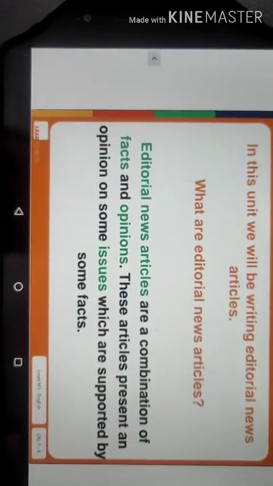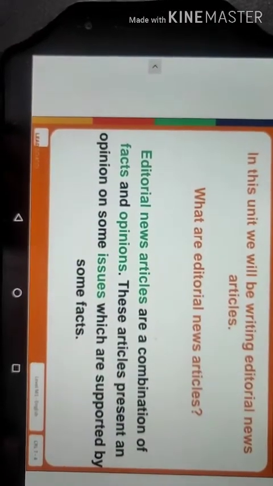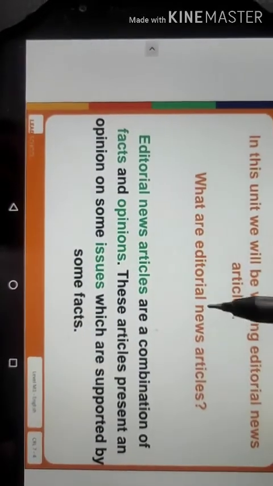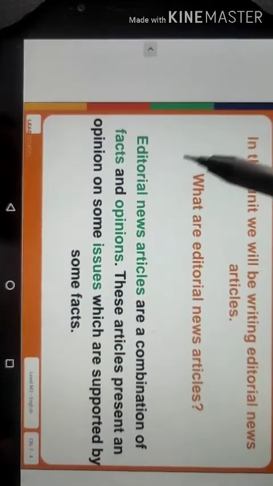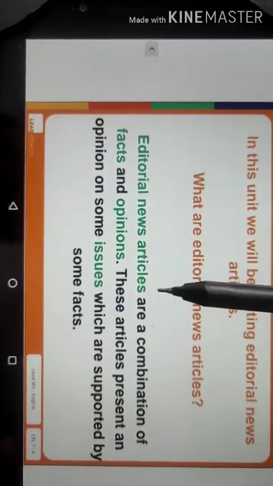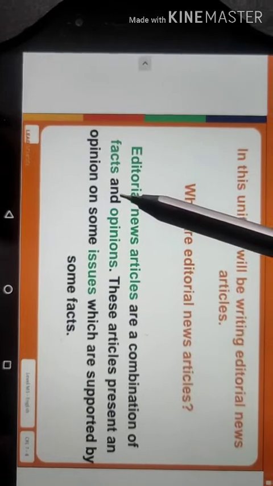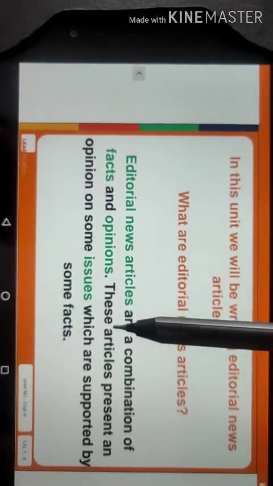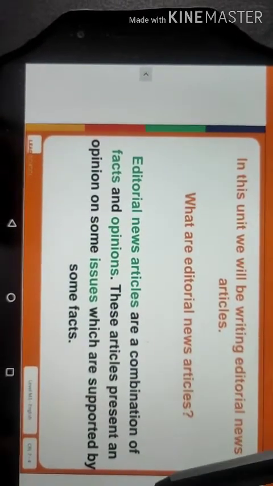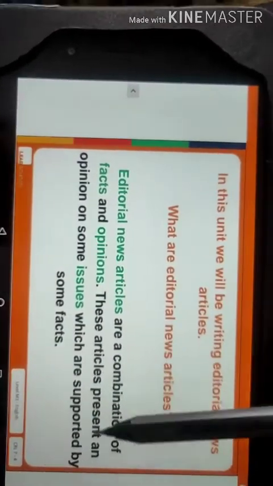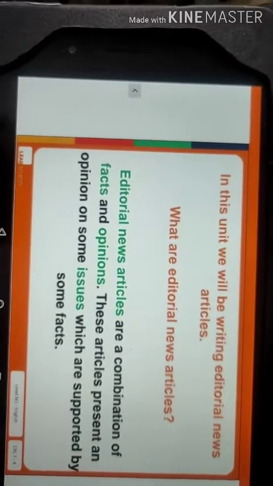In this unit, we'll be writing editorial news articles. So what are editorial news articles? Editorial news articles are a combination of facts and opinions. These articles present an opinion on some issues which are supported by some facts.